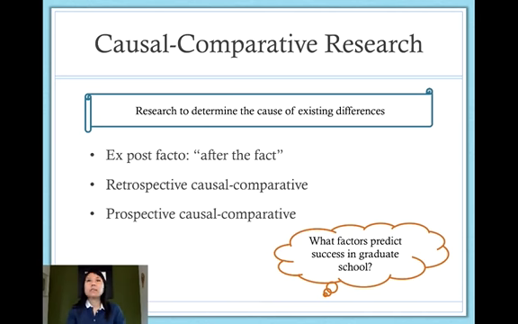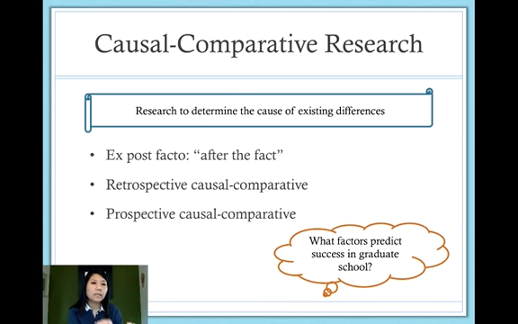I might hypothesize that undergraduate GPA might be a predictor for success in graduate school. So if I did a retrospective causal comparative study, I would look at success in graduate school, let's say those who graduate with a 3.5 GPA or above. And my predictor variable is undergraduate GPA.